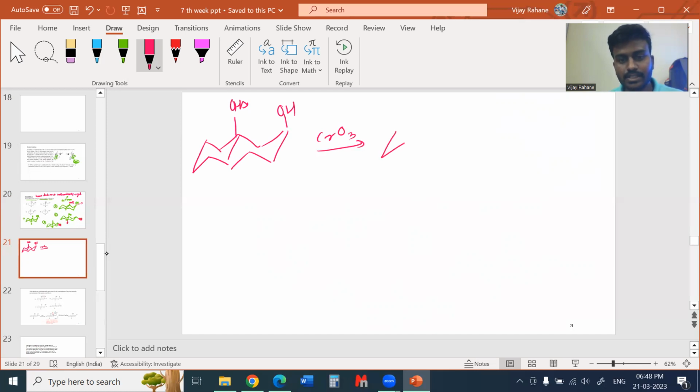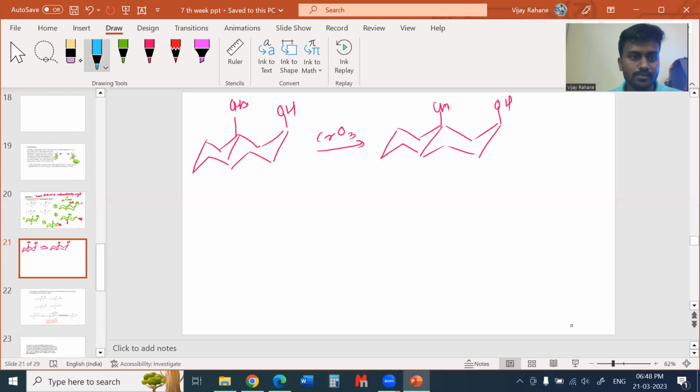If you see the transition state in this one, the CrO3 oxygen chelates with the Cr, and the attack of the hydroxy H2O takes place. Here the hydrogen abstracts this proton, then this group converts here and like this. So this molecule finally gets converted into the product.